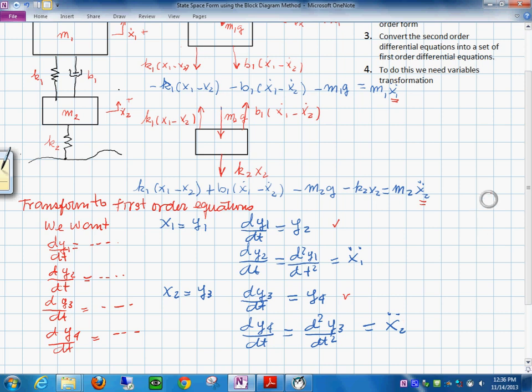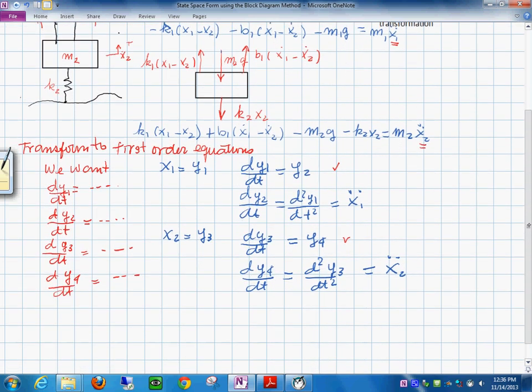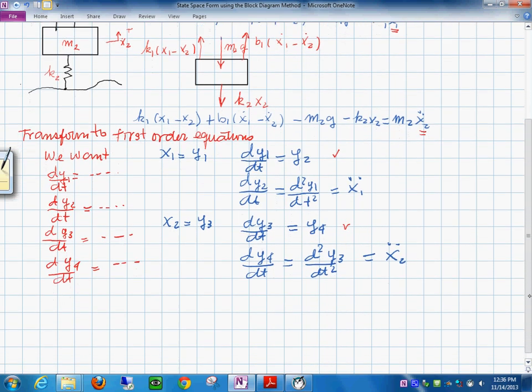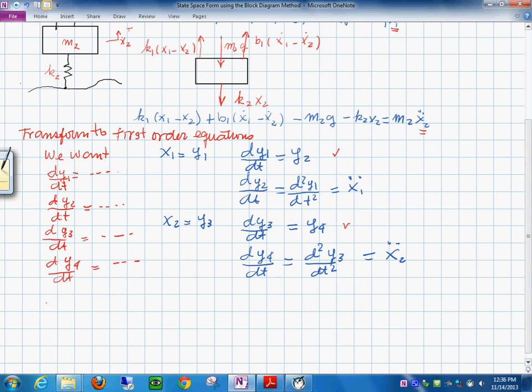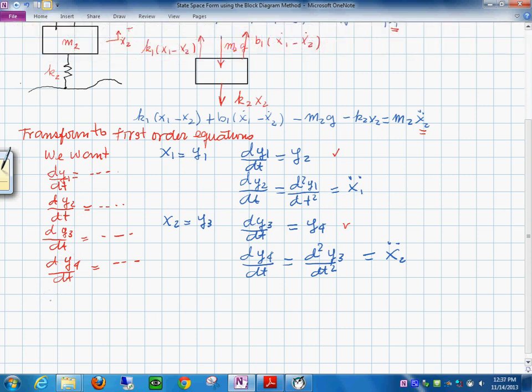So I think our system of equations can be rewritten with this knowledge on hand, that x1 double dot is 1 over m1 times the whole thing on the left, right? So I am thinking that we could begin writing our form already and using the equations up there. So well, let's give it a shot.